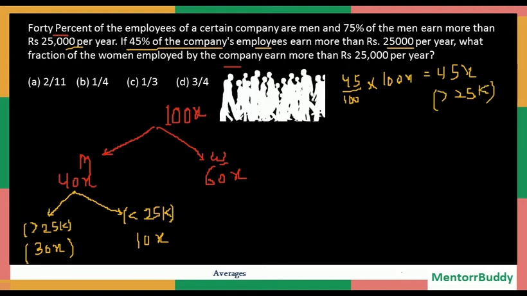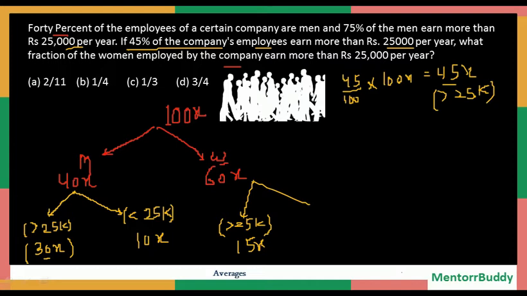So we can see if out of these 45x, 30x are men, then definitely the number of women who are earning more than 25,000 will be 15x, because the question says 45%, that is 45x, are in total earning more than 25,000.